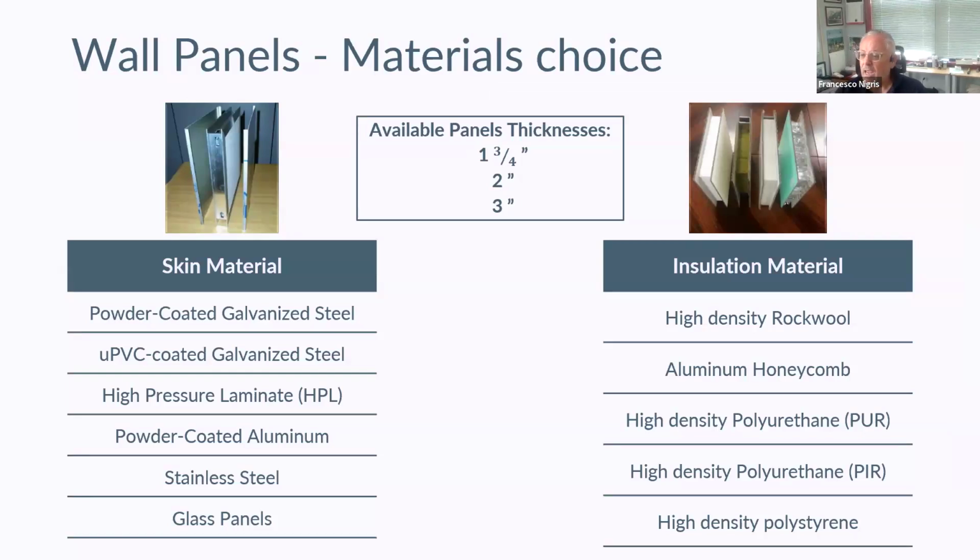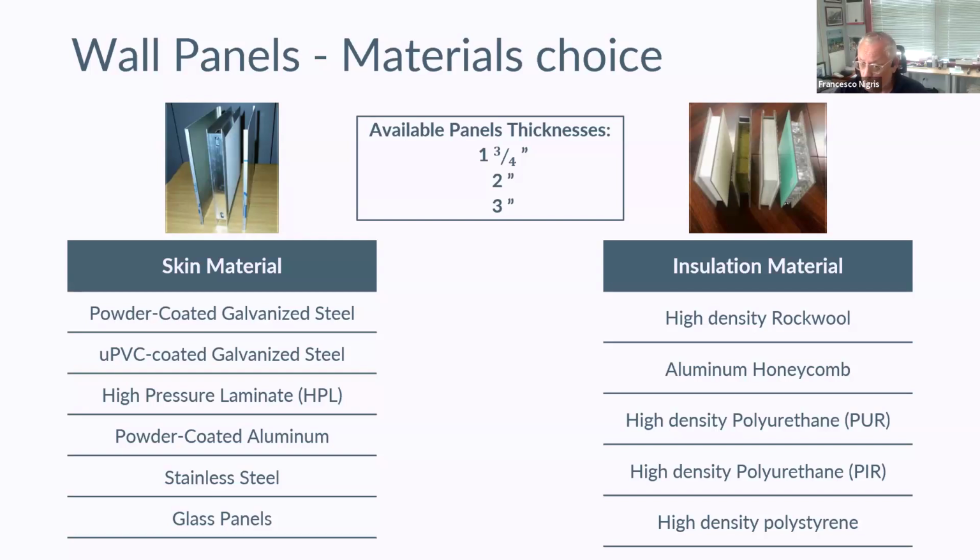We can play with different materials. For the skin material, you see UPVC-coated galvanized steel. In most cases that was considered the standard, because you can do liquid caulking, cold-weld caulking, between panels.